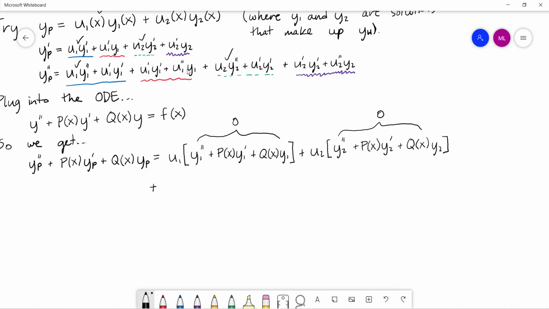So I'm going to do this one and this one. Let's write those ones down here real quick. So it's going to be y1 u1 double prime plus, what else do we have? y1 prime, u1 prime. Good, so that's that one and that one.